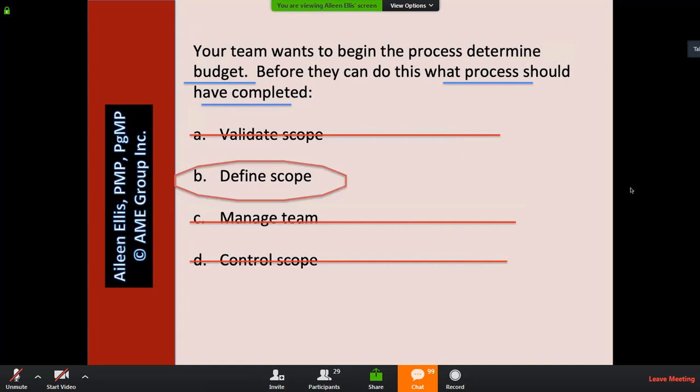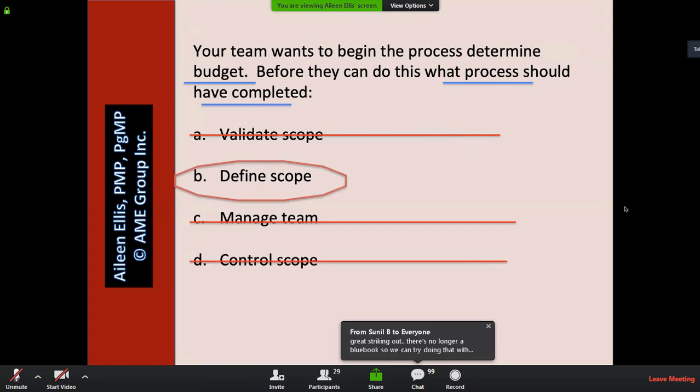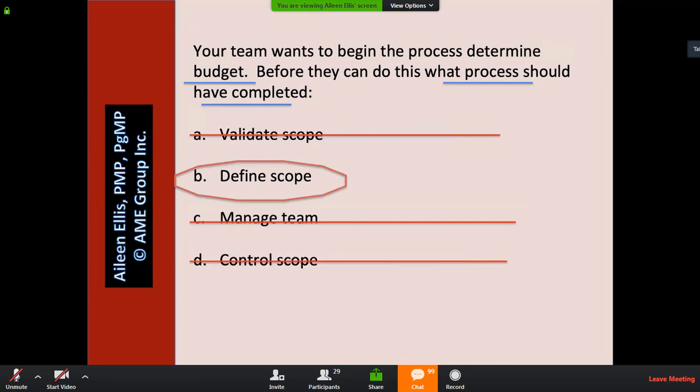Realize with these questions, when they ask what should have already completed, it might not be the previous process. It might be several processes back.